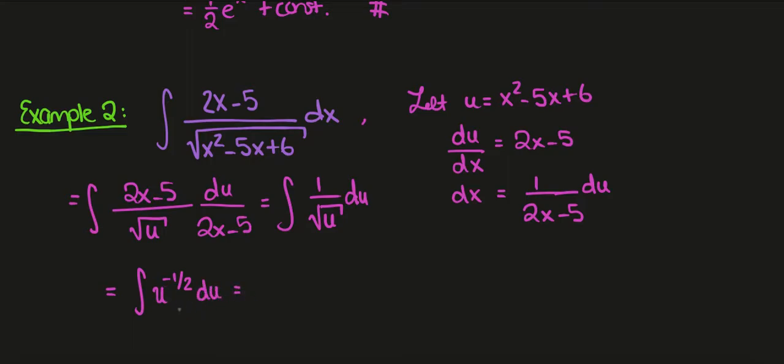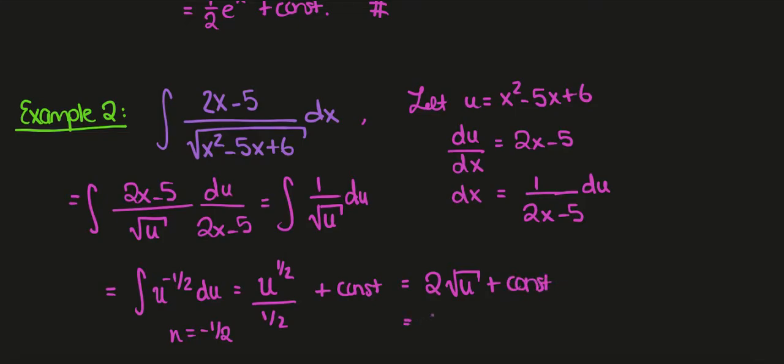Then if n is equal to minus 1/2, we use the rule x to the n plus 1 over n plus 1. So this becomes u to the 1/2 over 1/2 plus a constant, but that's just 2 square root of u plus a constant. Now we just substitute back. So we'll get 2 times the square root of x squared minus 5x plus 6 plus a constant.